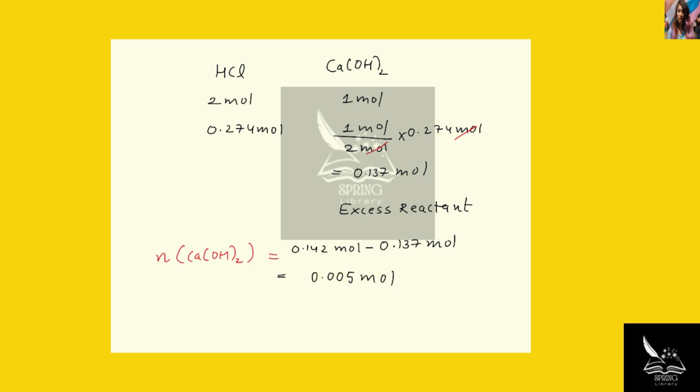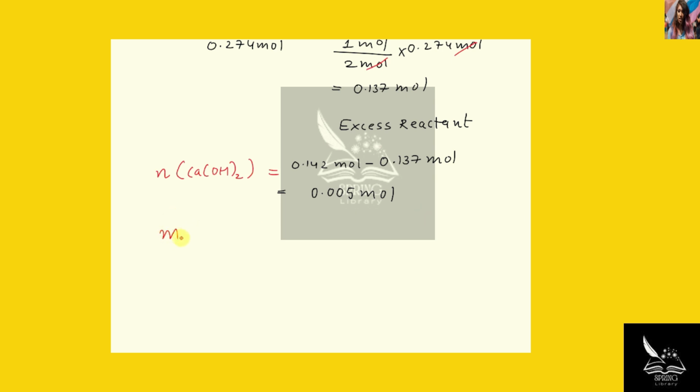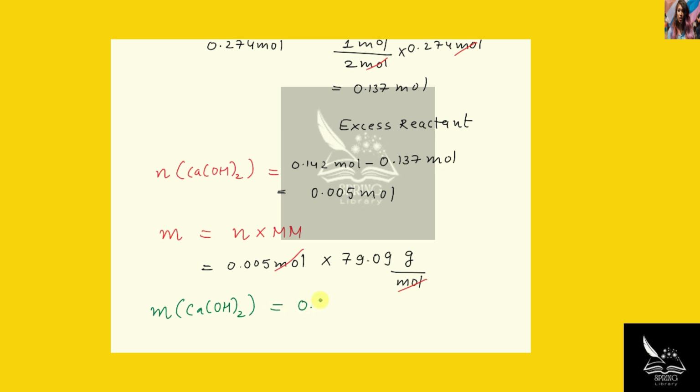Now we can calculate the mass of the excess reactant, as mass is equal to moles times its molar mass. We can substitute the values here. Now we can eliminate the common mole unit, and on solving, we get the mass of excess reactant calcium hydroxide equals 0.370 grams.